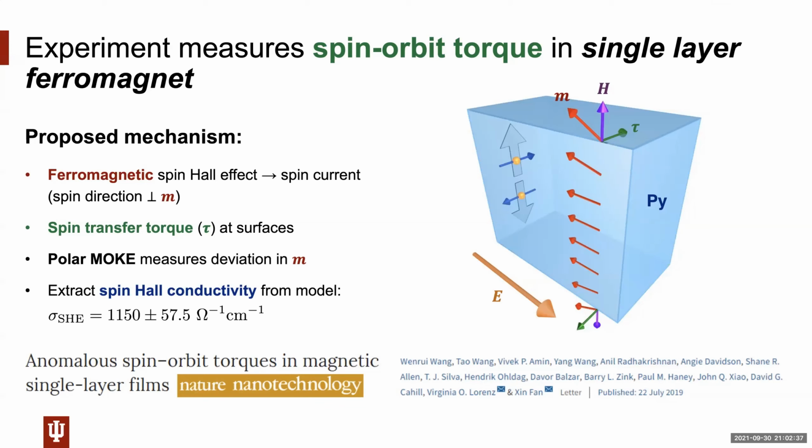If you're asking what is the angle at which the magnetization deviates from in plane to out of plane, I also don't remember what the deviation angle was. But from that deviation angle and a simple micromagnetic model, we can extract a spin current value of about 1,000 inverse centimeters.